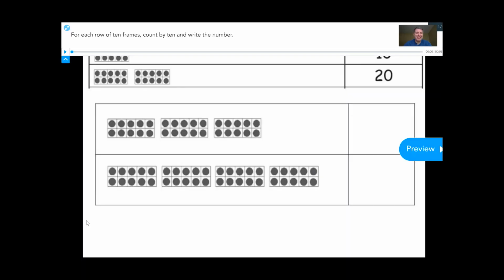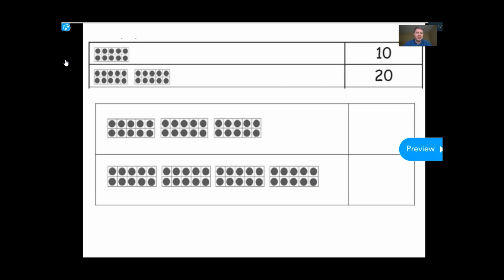Okay, here's what the lesson looks like. The directions say for each row of 10 frames, count by 10 and write the number. Should be pretty easy. So if I push these directions up, I can see 1 10 is 10 and 2 10 frames is 10, 20. 20. You have to do the next two. You ready?